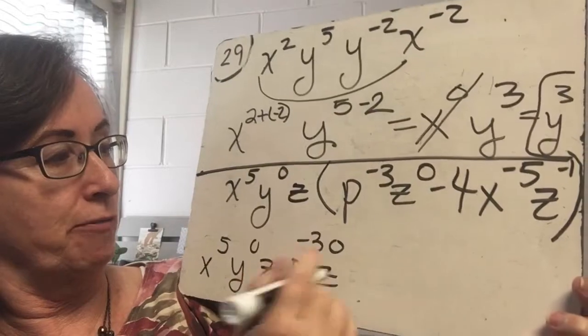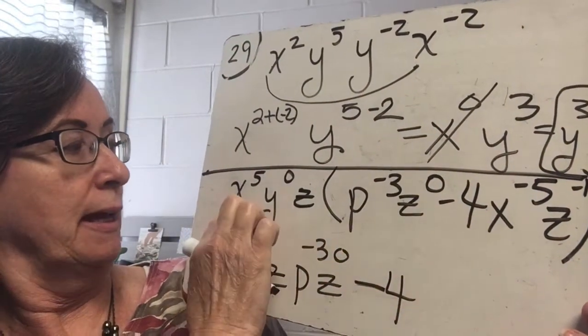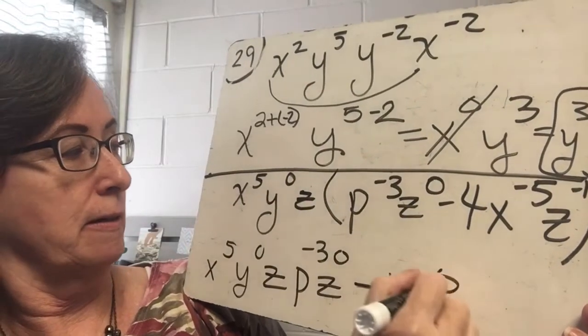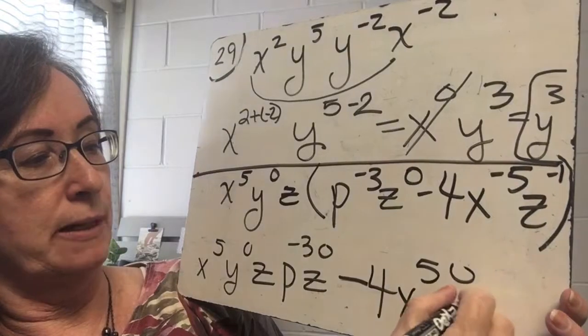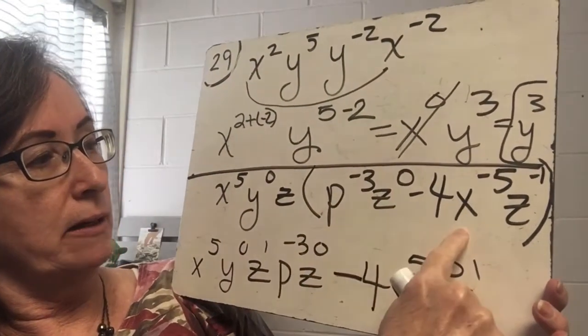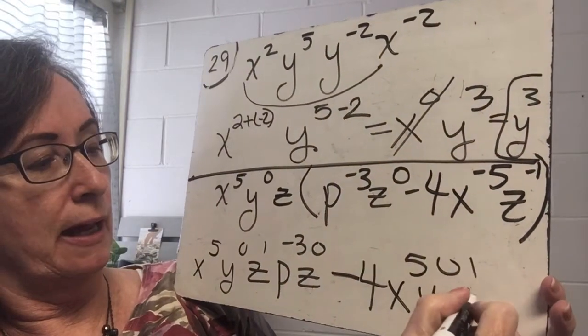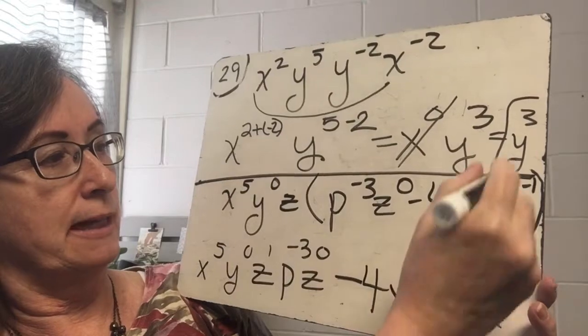Okay, so that's going to be the first one, minus 4, x to the 5, y to the 0, z to the 1, and then over here, I've already got the negative 4, x to the negative 5, z to the negative 1.